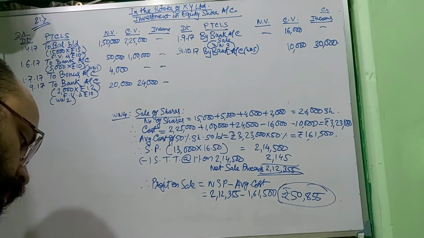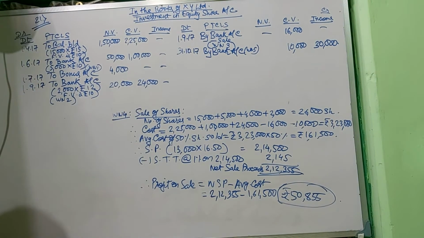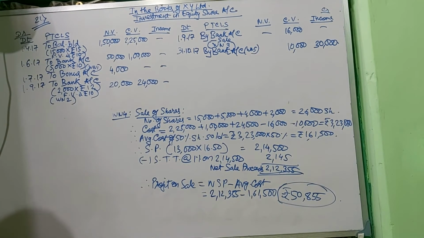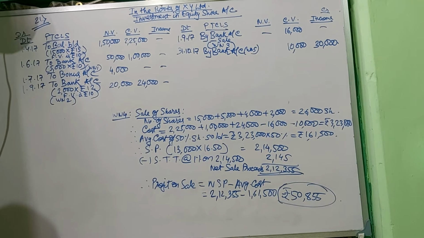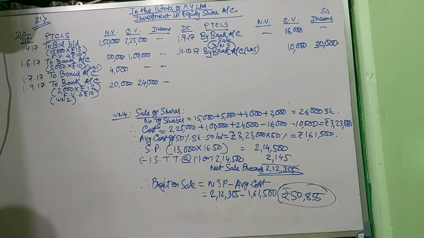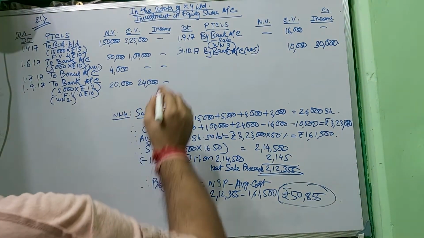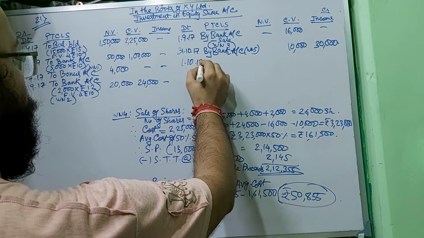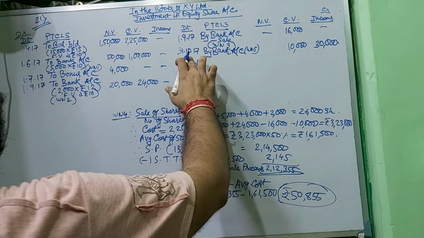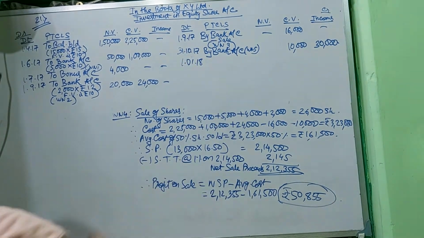10,000 is 1118, sorry, 1118. Sold half of the shareholdings.